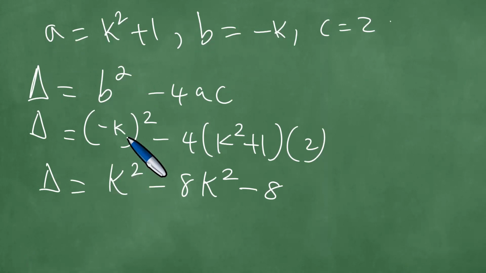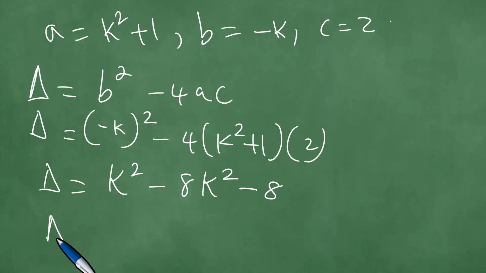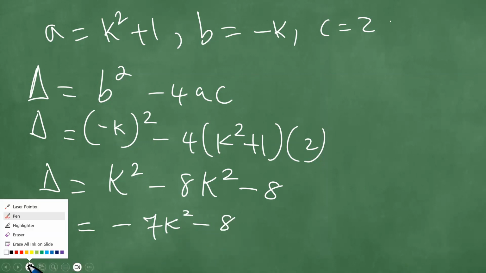Let me see. Okay, let's just add this quickly. K squared minus 8K squared is minus 7. K squared minus 8.